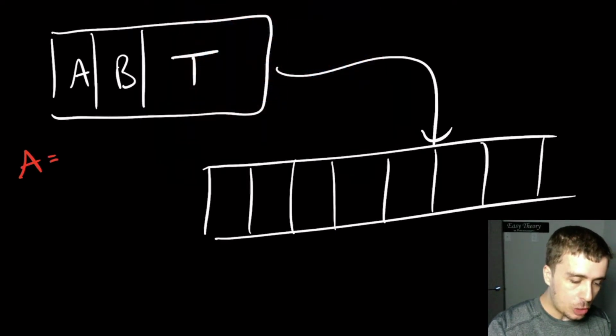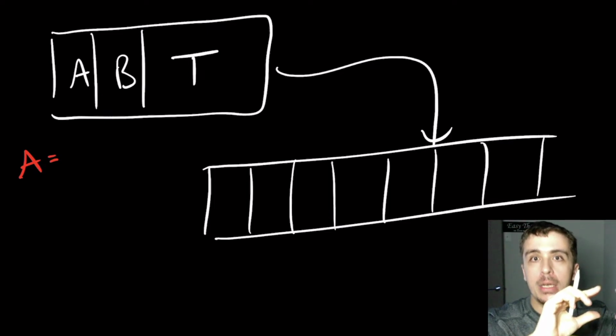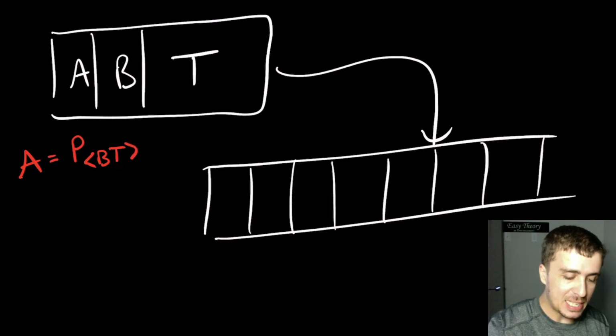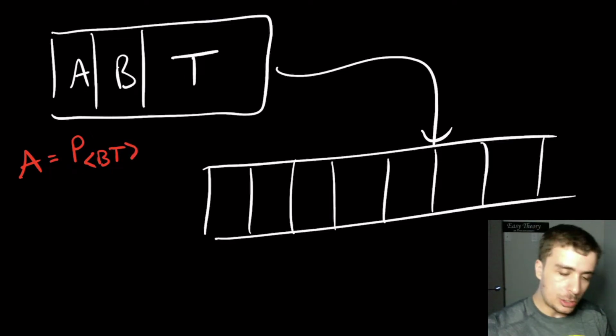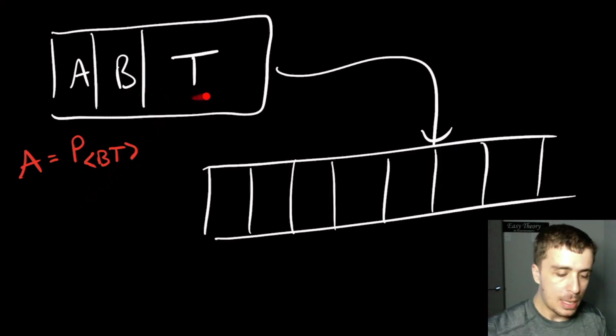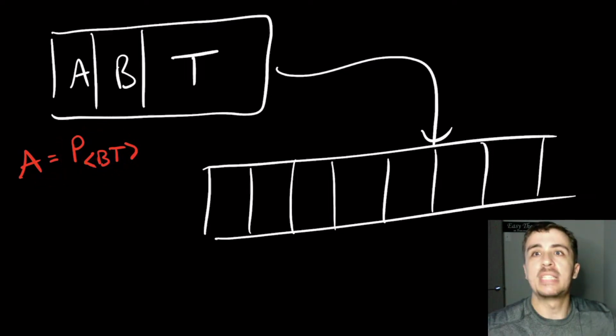So the A machine, instead of being defined as the P sub description of B machine, we're going to append T onto that. Okay, so this is totally fine because we have the Turing machine T, we have the Turing machine B, as I'm going to do in a sec. It's very similar to the original one. And T we know about, so we can combine them into a combined Turing machine like this. We can just put the two descriptions together, and this machine A just prints that description and nothing else.